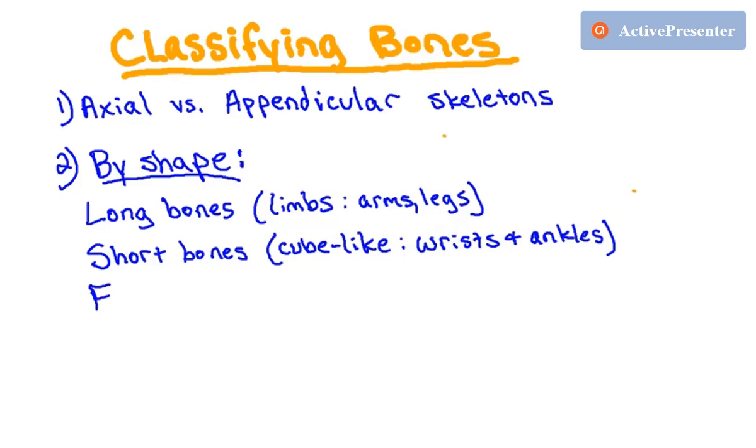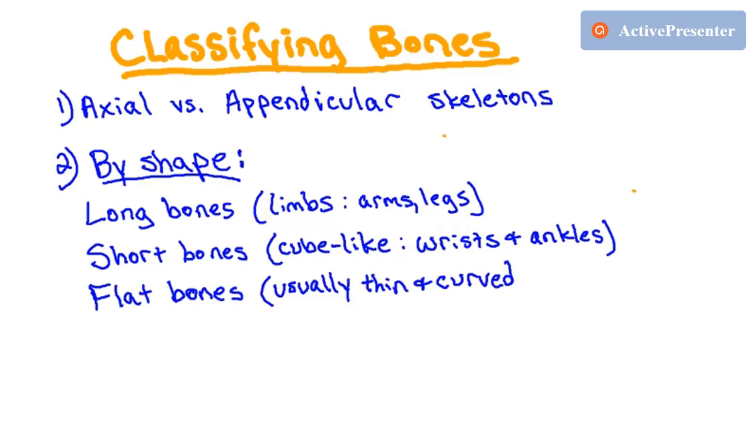You are going to have flat bones. Flat bones is sort of a misnomer because not only are they thin, but usually they are thin and curved a little bit.